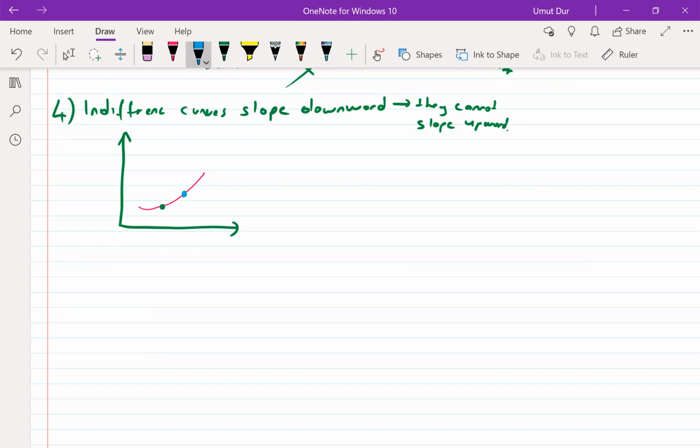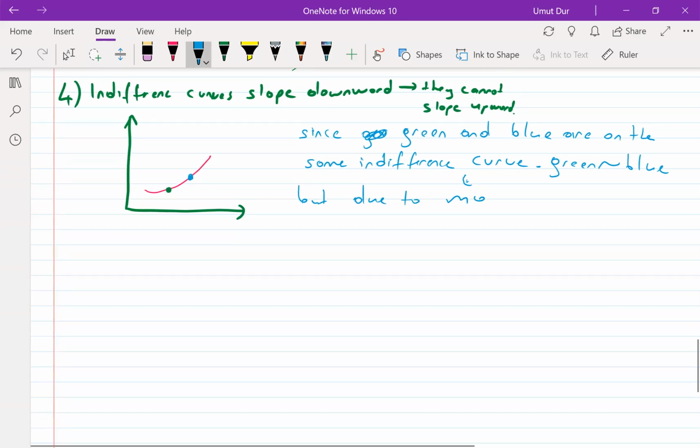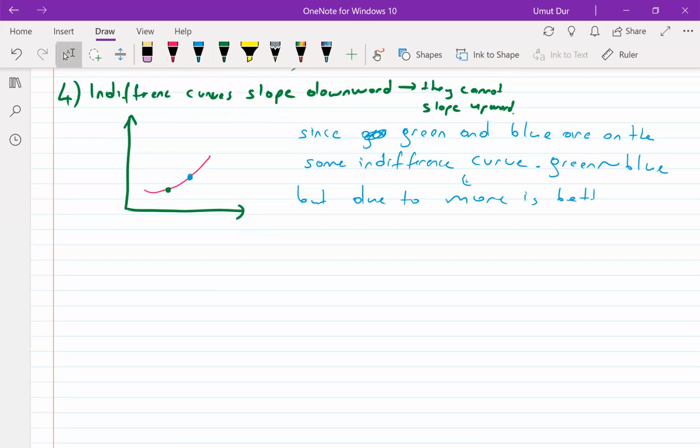Since green and blue are on the same indifference curve, green is indifferent with the blue one, but due to more is better, blue is preferred to the green one.